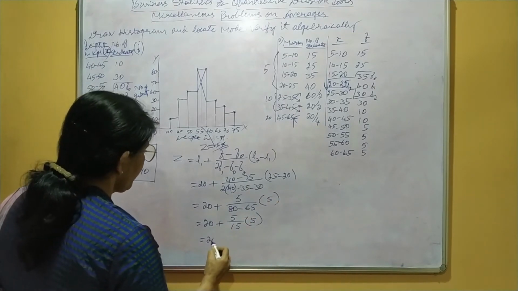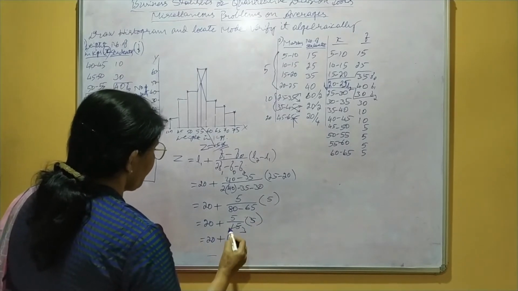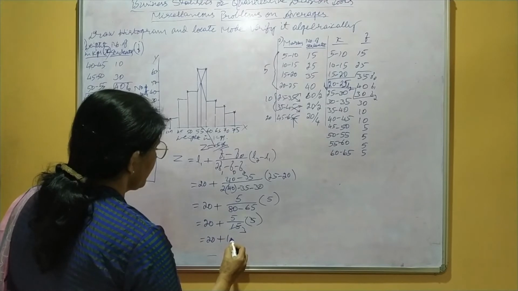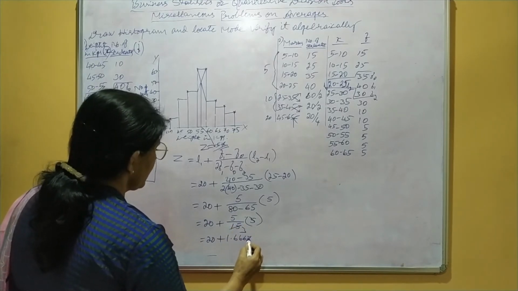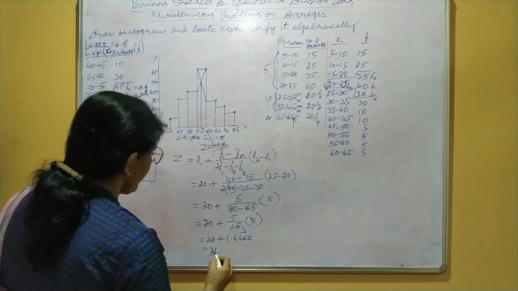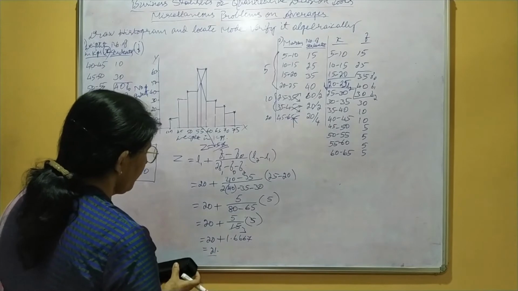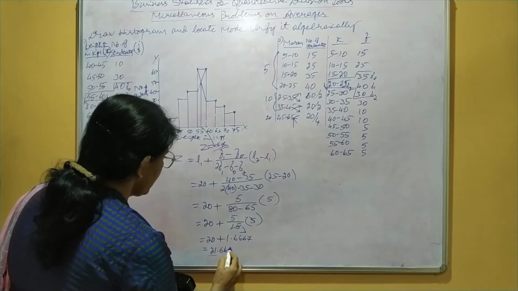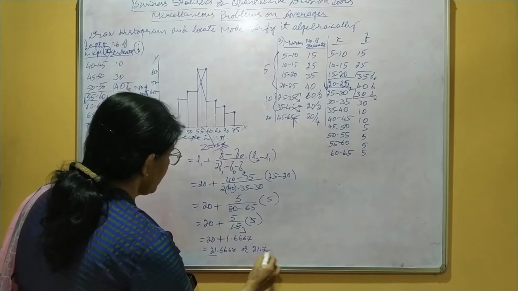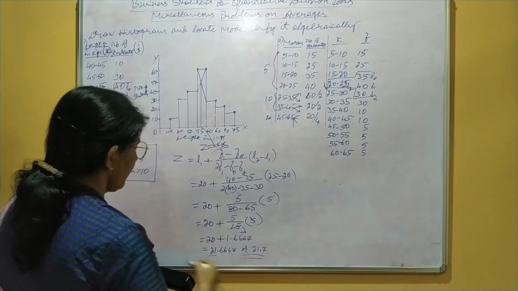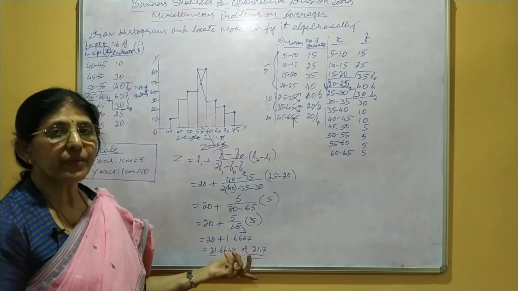Equals 20 plus 5 threes are 15, 5 sixes are 30... equals 21.6667, or 21.7, or you may take even graphically, you may take even 22.